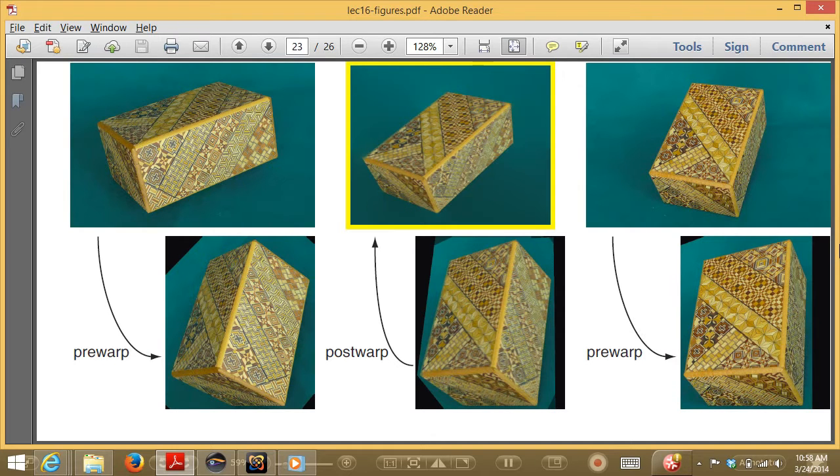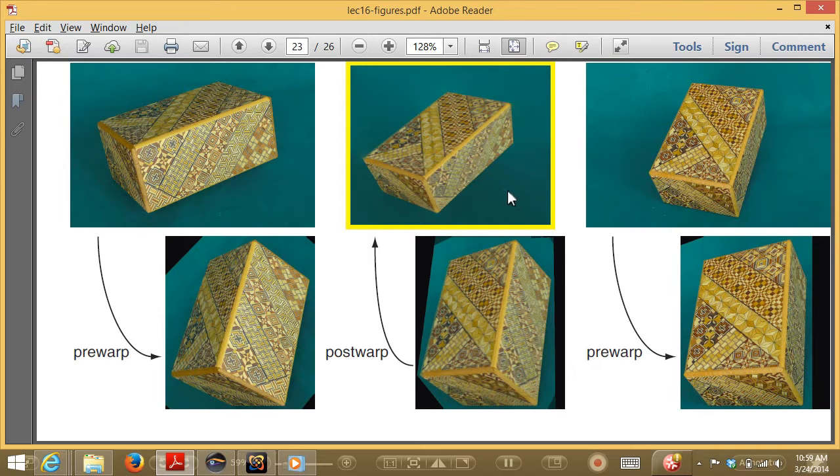Now I apply a view interpolation algorithm simply by taking an average between pixel positions in corresponding scan lines, and I produce this image here that is a reasonable looking image of the box. And now I can apply any projective transformation I want, which corresponds to rotating the camera around to make a new final image.